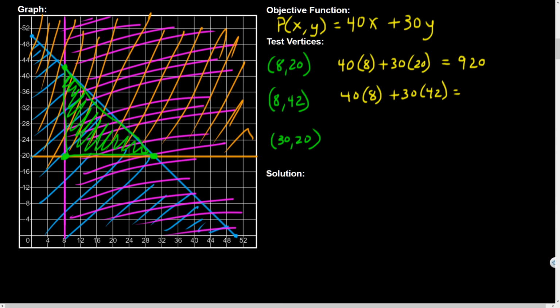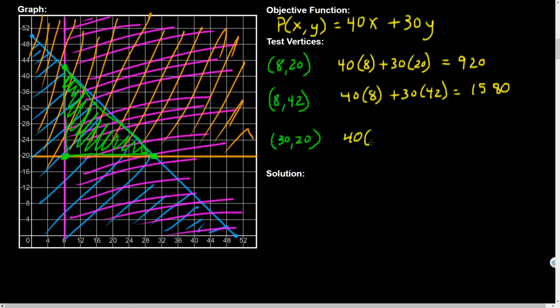I've known far too long that I make mistakes making videos. Well, 40 times 8 is 320 again. And then I've got this Desmos tab open. 30 times 42 is 1260. Plus that 40 times 8, 1580. And so this one's a pretty good candidate, right? That's definitely more than the 920. So 1580.